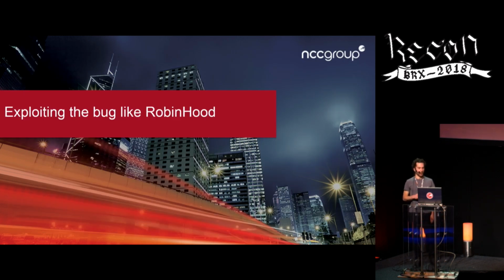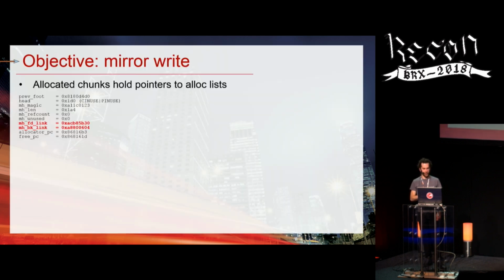Okay, so now we want to exploit this bug. I said earlier that we're going to leverage iKey to do that. But first, one thing to know about Cisco chunks is that, like I said, you have a specific mempool header in addition to the dlmalloc, ptmalloc header. You have pointers called forward and backward links, which are part of a linked list.